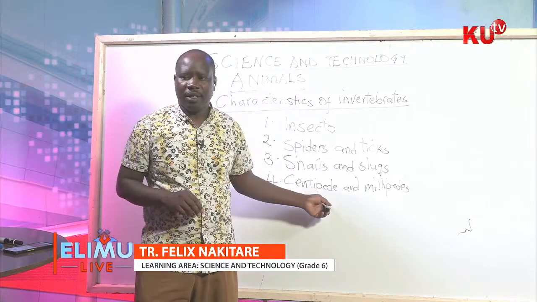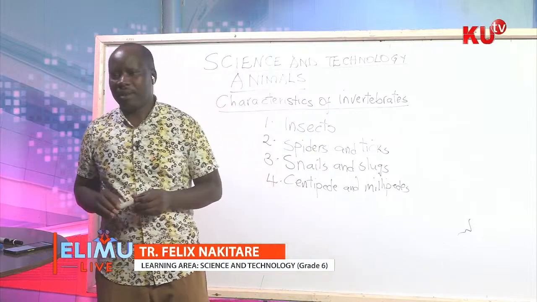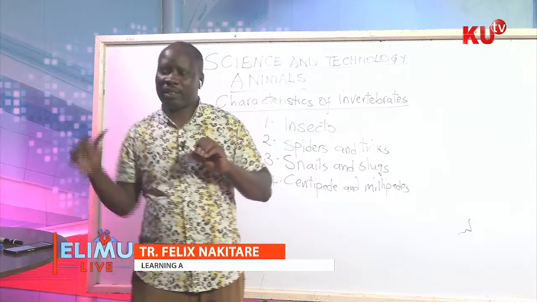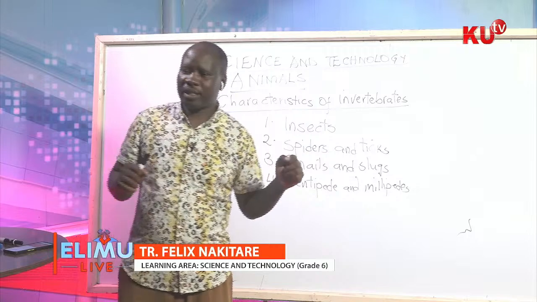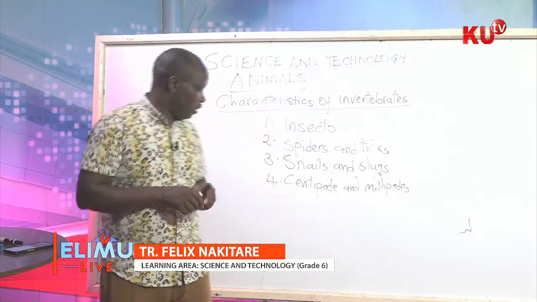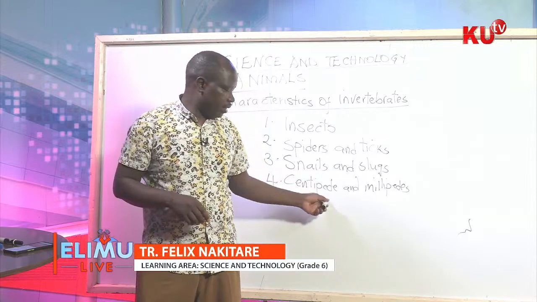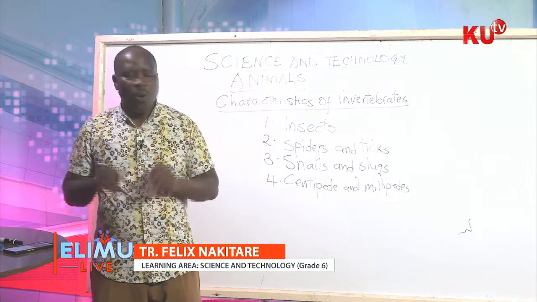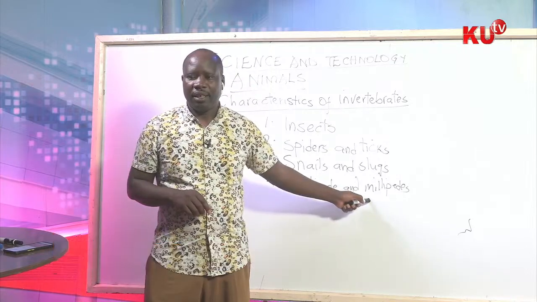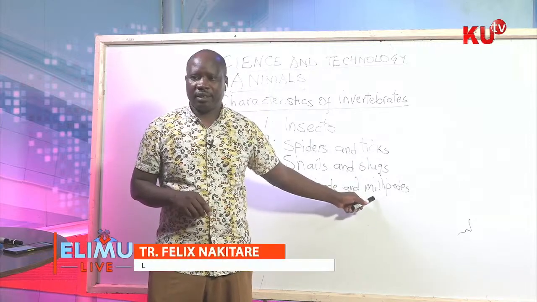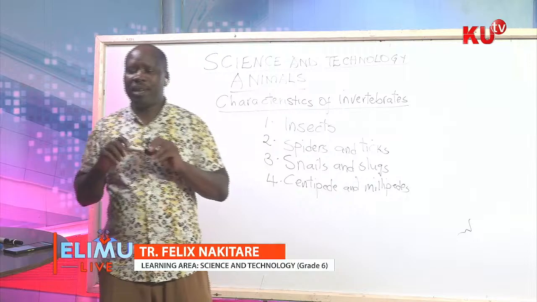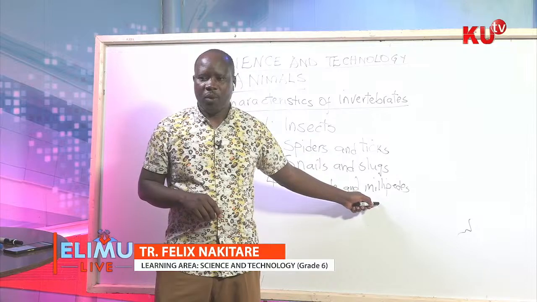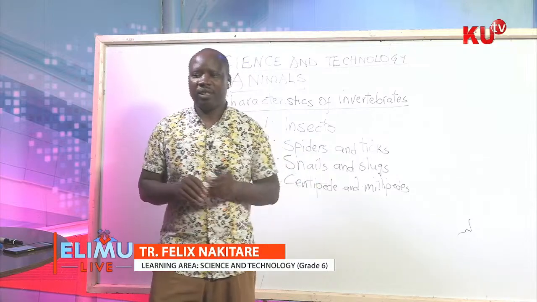Under centipede, we have a pair of legs per segment. And a pair of legs means on this one side we have one leg per segment, and on this other side we have one leg. So for the centipede, each segment carries a pair of legs. While in millipedes, each segment carries two pairs of legs, meaning that one segment of a millipede has four legs.